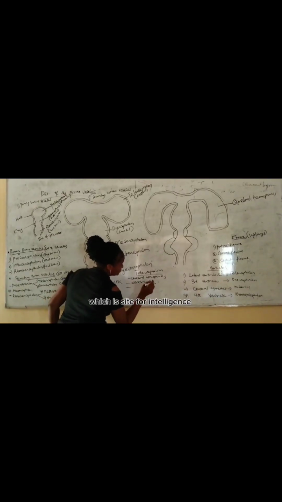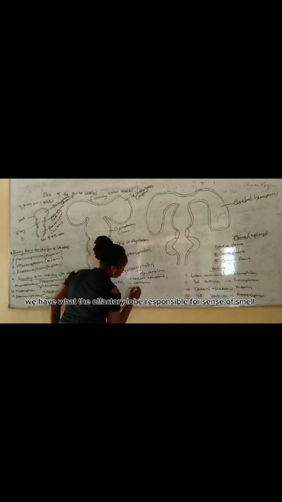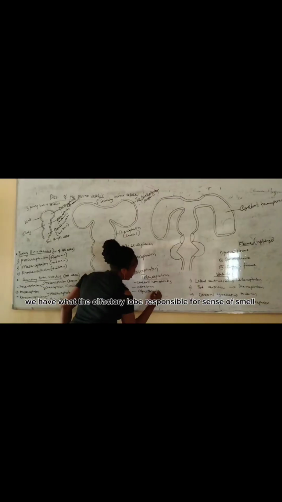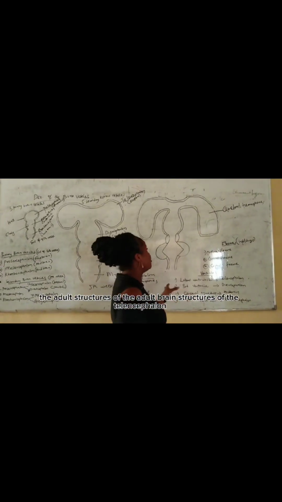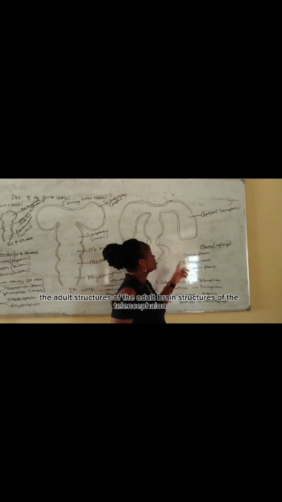We have the cerebrum, which is the site for intelligence. We have the olfactory lobe, responsible for the sense of smell. Then we have the hippocampus, for memory storage. So these are the adult brain structures of the Telencephalon. So I just labeled one, which is the cerebral hemisphere.